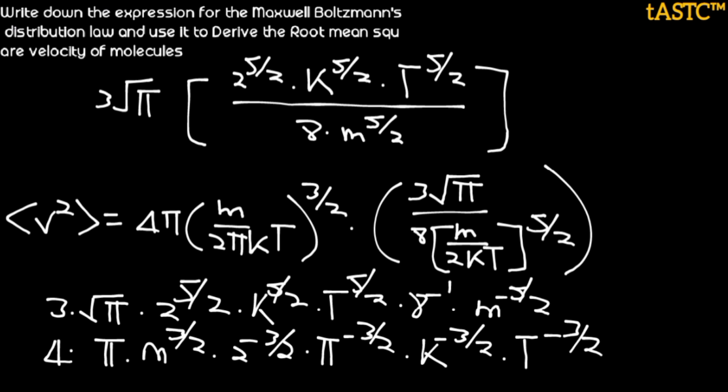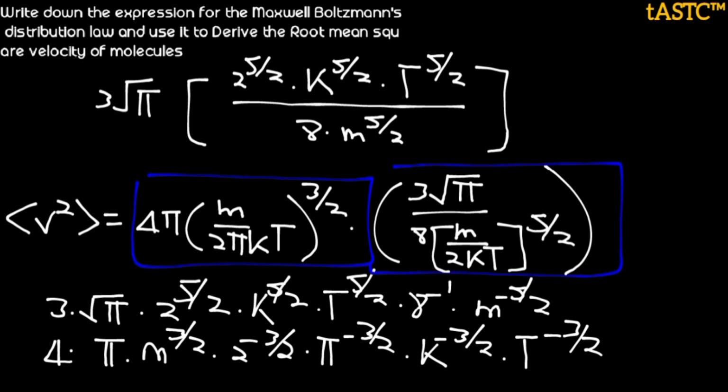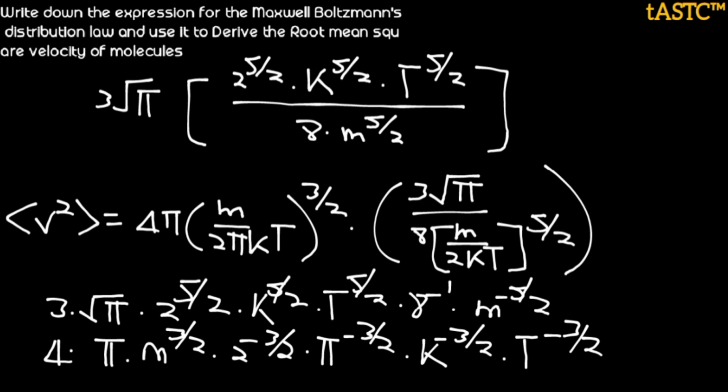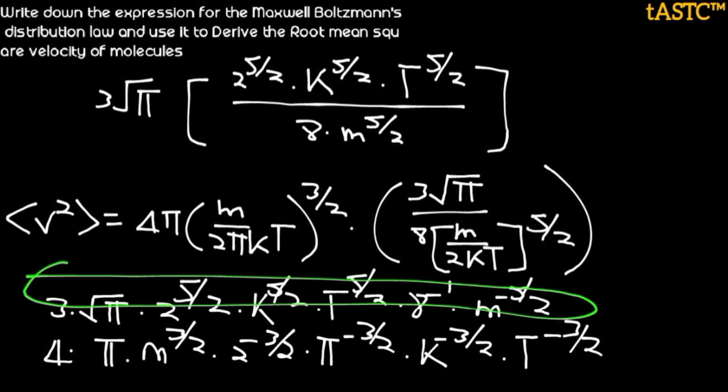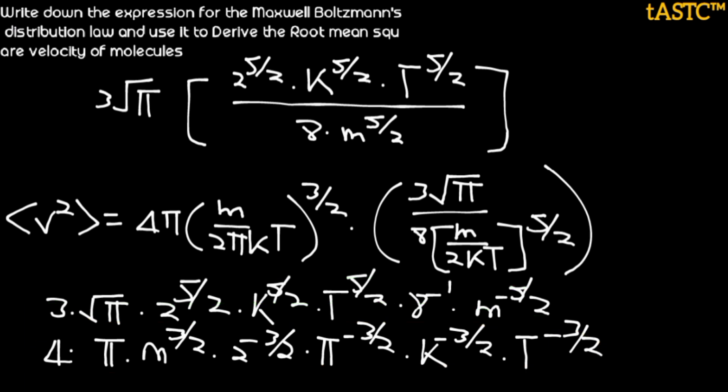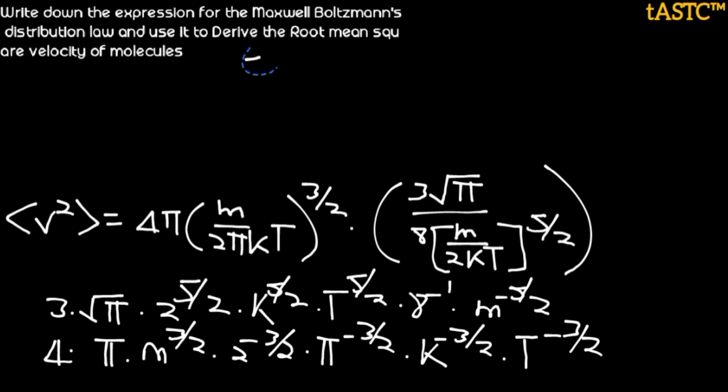Now, we know that this stuff was basically multiplied by this. So basically we need to take this and have it multiplied with this. So we're going to combine the like terms. So I'm just going to take these away. Now here we got 3 pi.